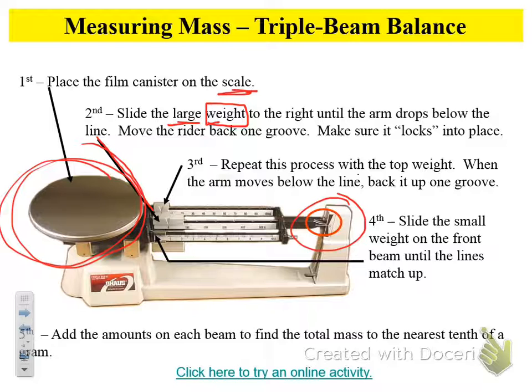All right, step 3, you're going to repeat the same process with the top weight. So I'm going to move it over. What do I need to underline up here? Top. Okay, so I'm going to do the same thing until it drops down, and then I'm going to move it back 1. Good, class. My 4th step, I'm going to slide the small weight on the front beam so that all the lines add up.